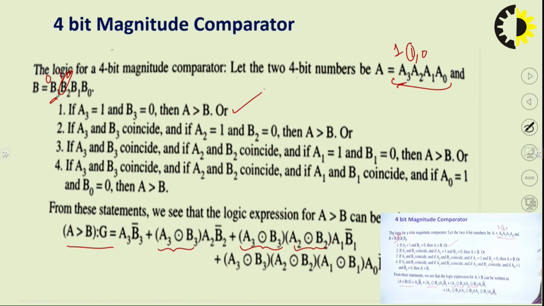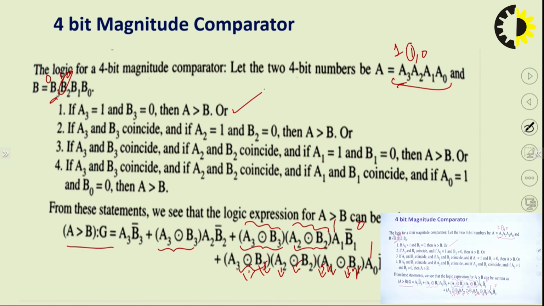When A3, B3 and A2, B2 are both equal, then A1 is equal to 1 and B1 is 0. These 2 are equal, these 2 are equal, these 2 are equal, and this is 1 and this is 0. So this is how we have designed the 4-bit magnitude comparator by logic. These are the greater cases.